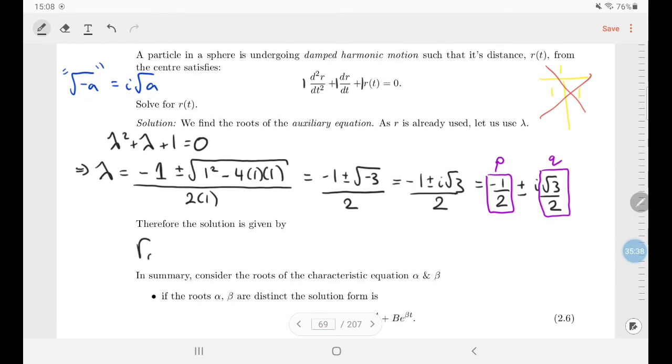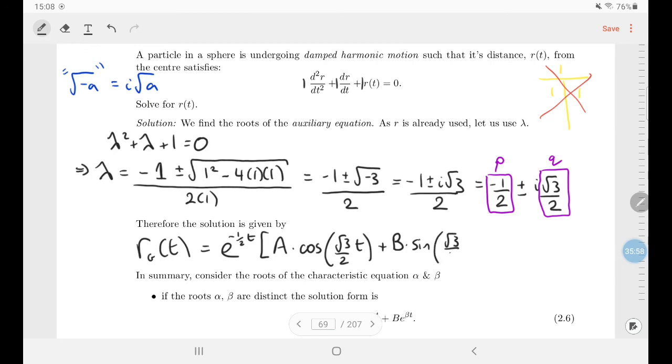So r, the general solution in t, is equal to e to the pt. So p is -1/2, so you get e to the -1/2 t, then form this bracket: a cos root 3 over 2 t plus b sine root 3 over 2 times t.